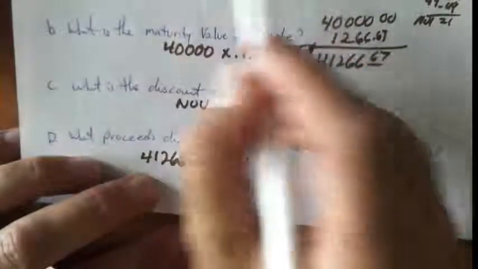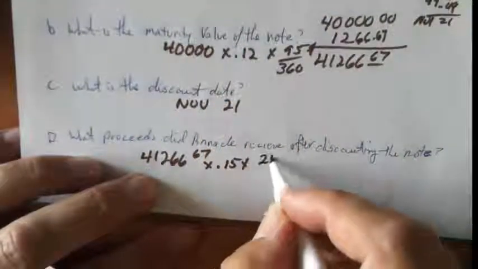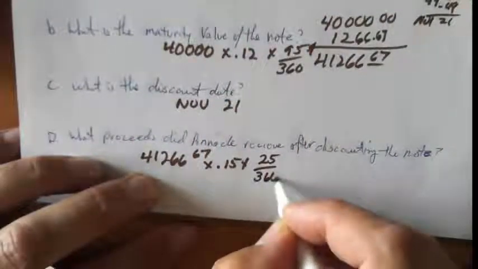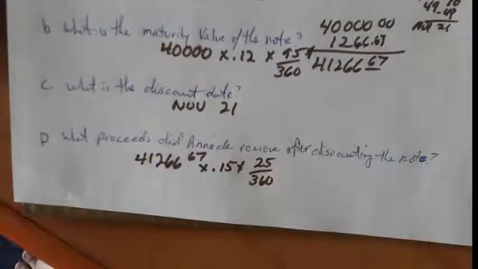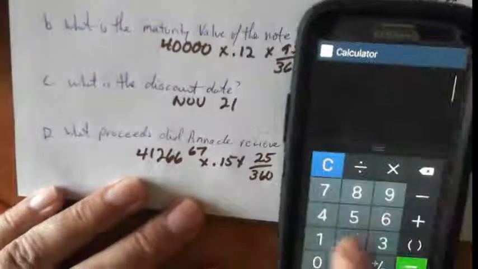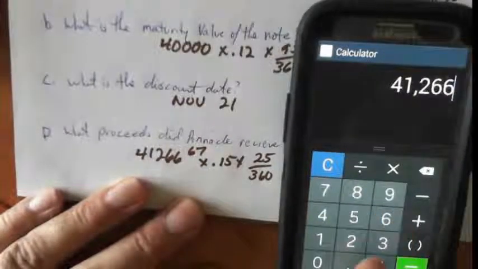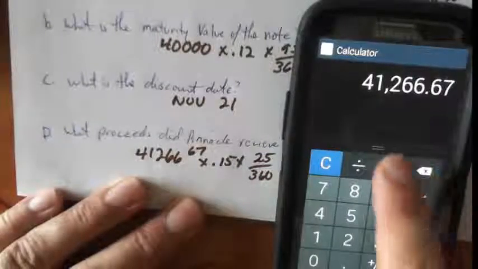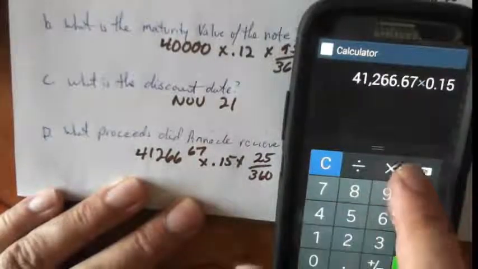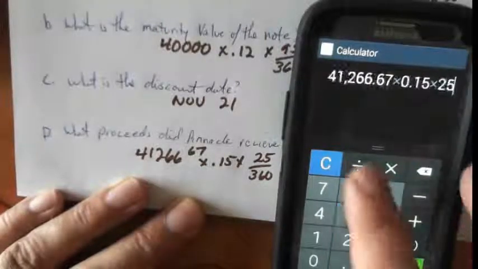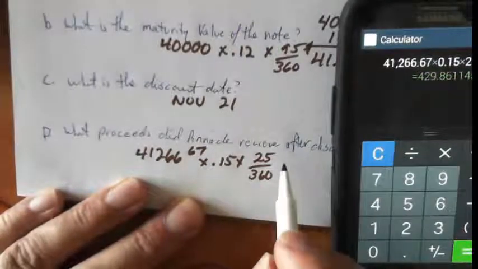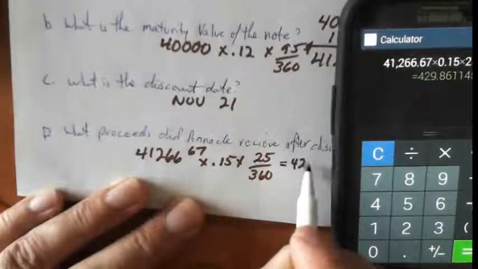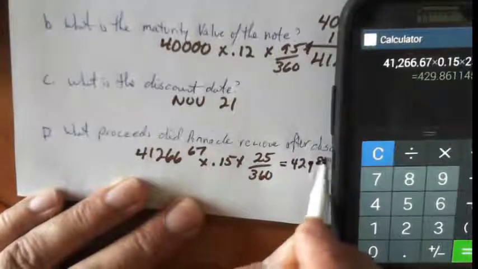And the difference between the 95 and day 70 is 25 days. So we would then go back to our calculator. So we would have 41,266.67 times 0.15 times 25 days divided by the 360. And so we would then discount that 429.87.